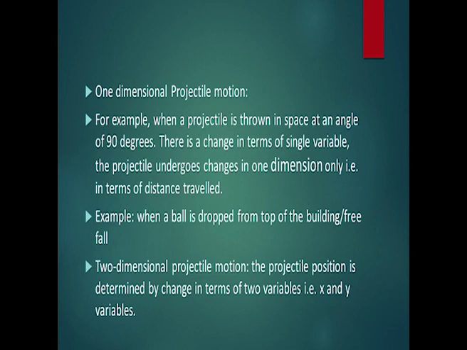That means we can trace the path in a plane, in terms of change in the x variable as well as the y variable. Such motion we refer to as two-dimensional motion. We will focus more on two-dimensional motion, and we have already looked into the examples and we know the path traced by two-dimensional projectile motion is parabolic in nature.